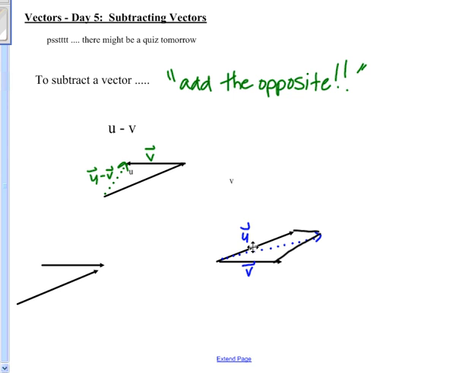If you are subtracting, I twisted it a little bit. If you are subtracting, your resultant is here, which would be the other diagonal in a parallelogram.